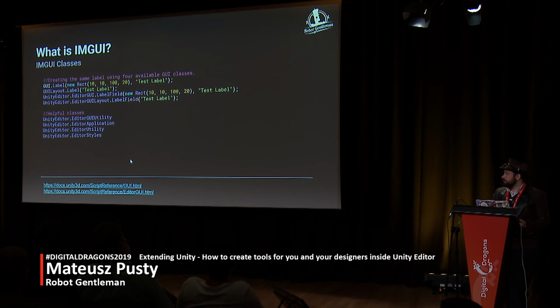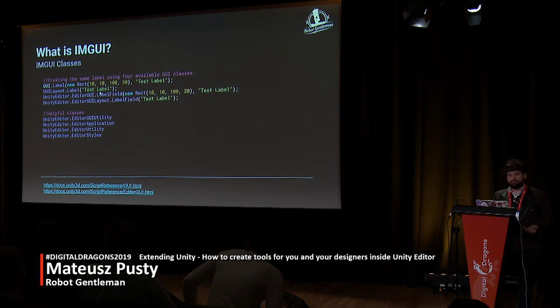We have a lot of classes that we can use inside immediate GUI. Basically, there are GUI, GUILayout, EditorGUI, and EditorGUILayout. And the difference is that you can use these ones in your runtime code, but it's not recommended because it's very legacy stuff. And these ones can be used inside Editor.